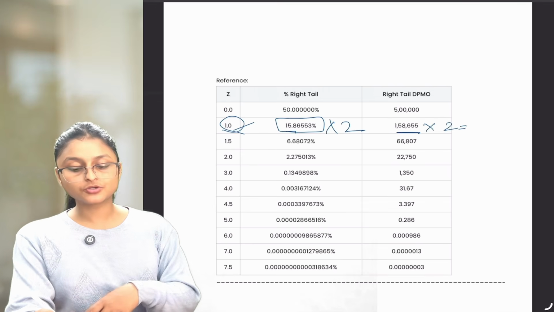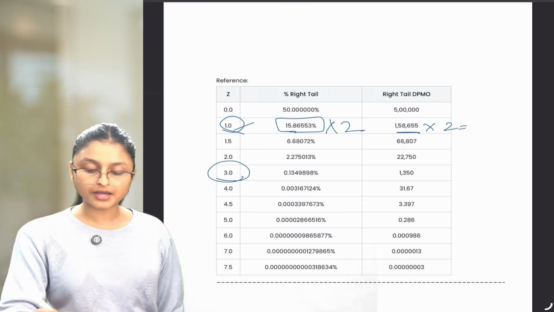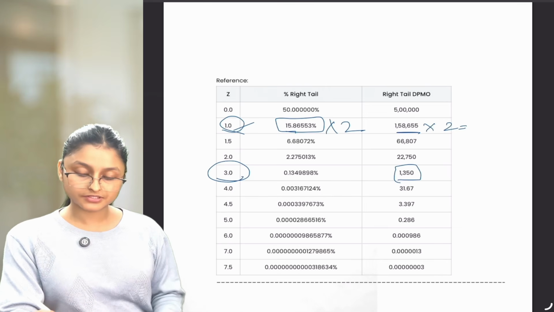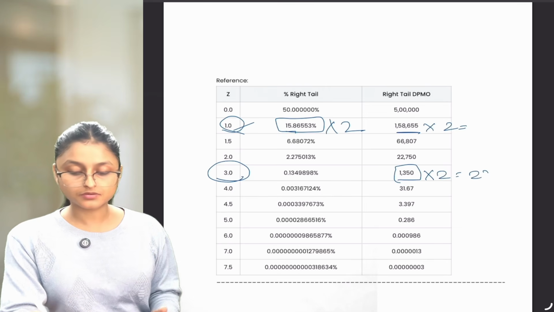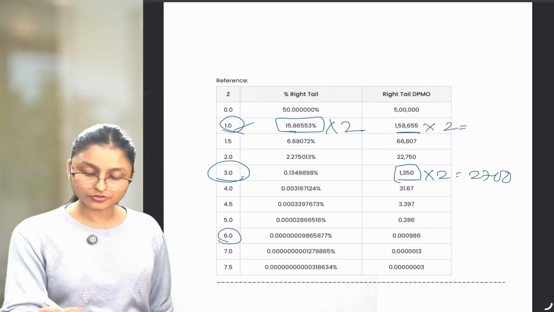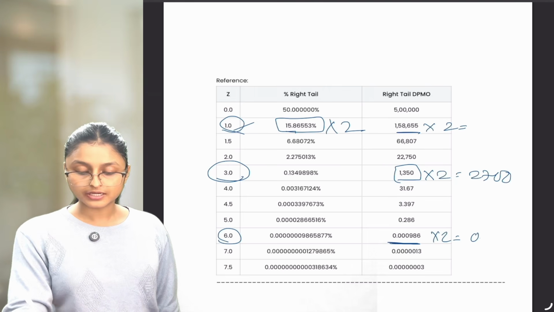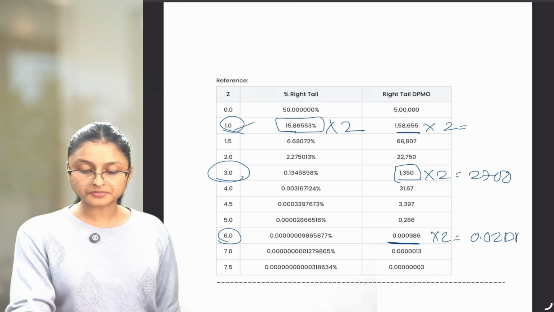You multiply it by 2, so it will come around 3 lakh. It's a lot. In 3 sigma, we cover 1,350 on one side into 2, which is equal to 2,700 defects per million. Similarly, on 6 sigma, this is 0.000986 into 2. If you do that, it will come to 0.002 defects per million opportunity.